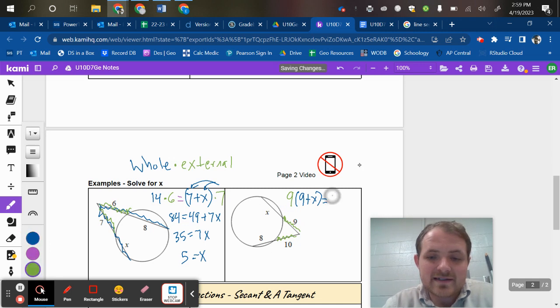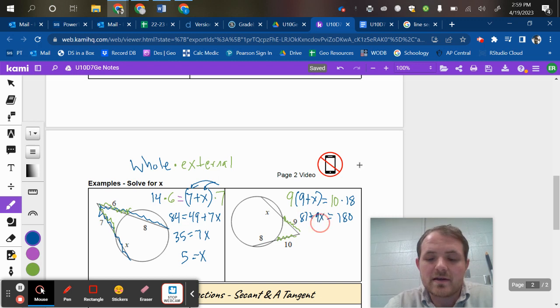And then the 10 is the external times the whole thing, which is 18. Okay, giving us 180 and 81 plus 9x. Solving our two-step equation, we're going to move that 81 to the other side and get 99. Dividing by 9 on both sides, we will get 11.